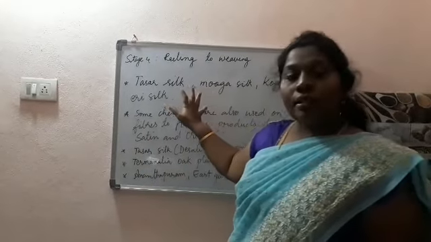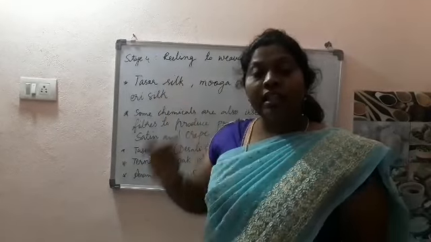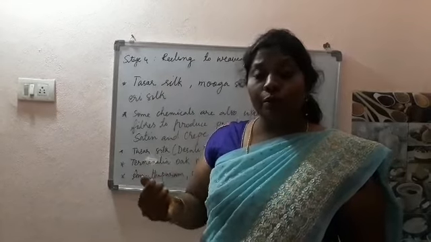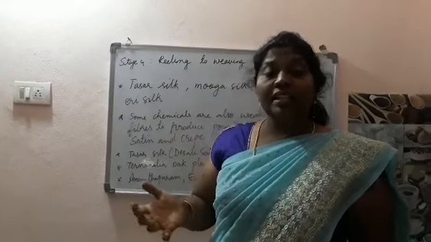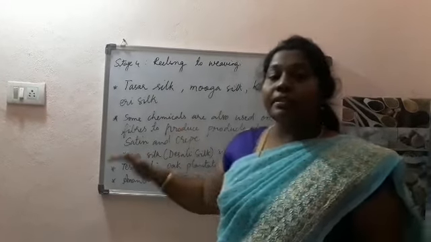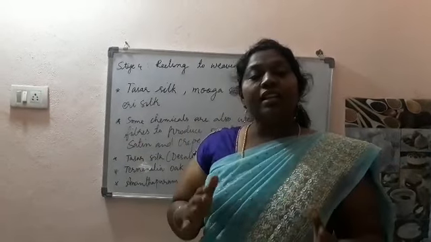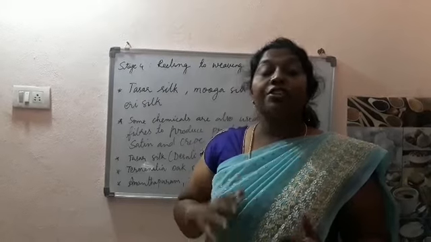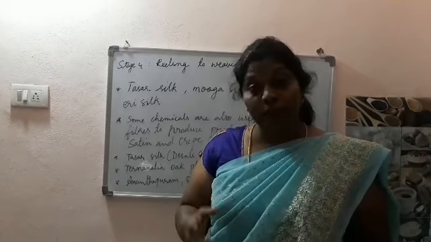And not only the silk, the silk yarn is also used to prepare other materials like crepe and satin. To prepare this crepe and satin material, the silk fiber yarn is treated with some kind of chemicals.